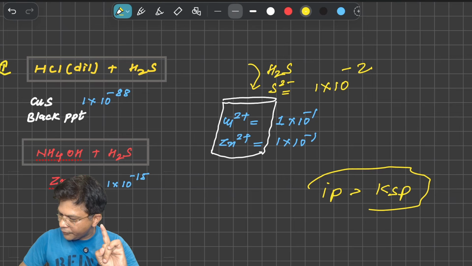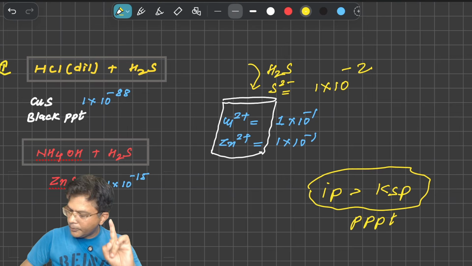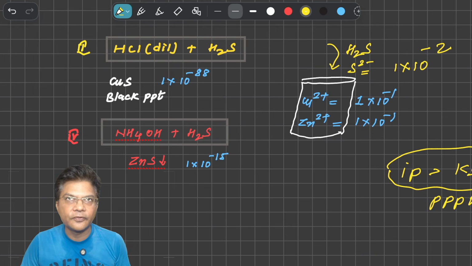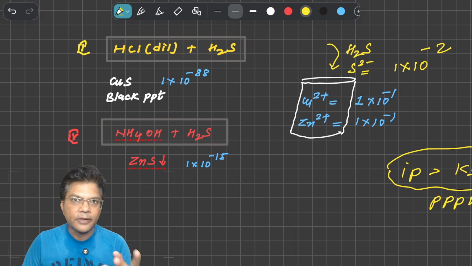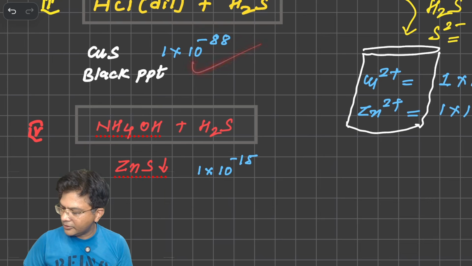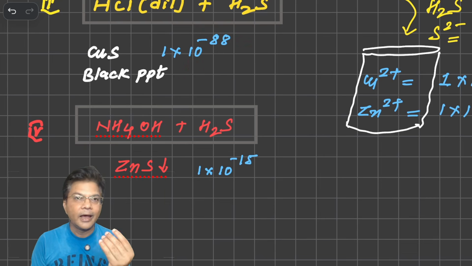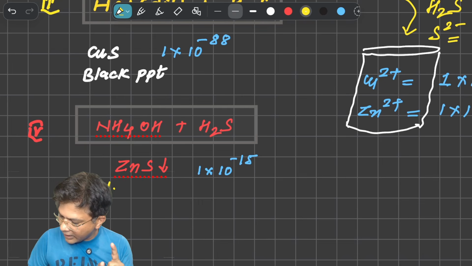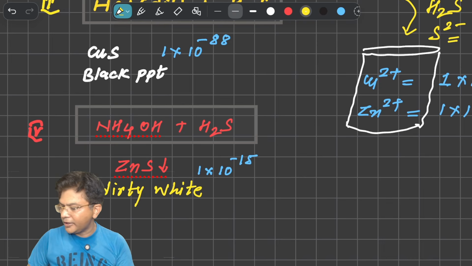This you should know from ionic equilibrium. Their IP is greater than their Ksp, so both will get precipitated, and ZnS is actually dirty white. You won't be able to see that dirty white along with black.